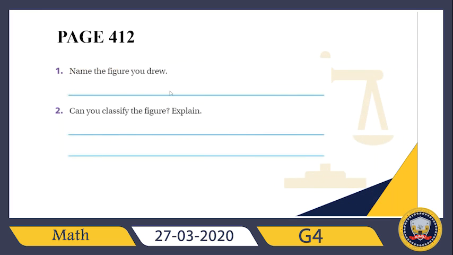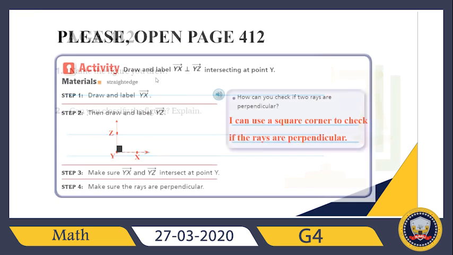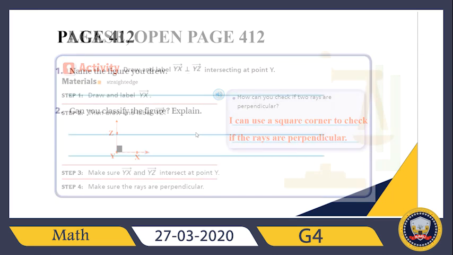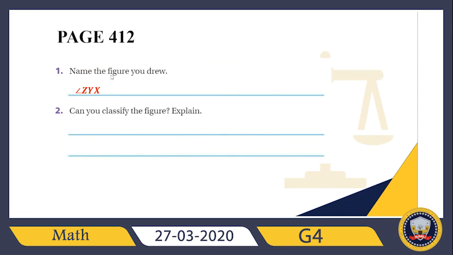Good. Okay. It says name the figure you drew. This figure. How can I give a name for this one? If you want, you can say angle ZYX or angle XYZ or just angle Y. Just make sure Y is in the middle. Okay. Let's write angle ZYX. It says, can you classify the figure?